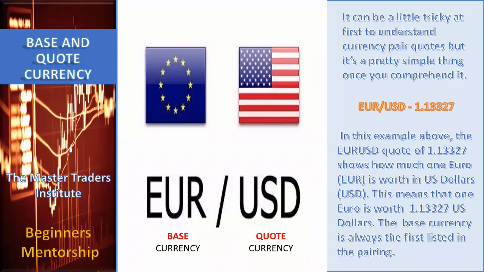I don't know if that's clear enough. This shows you how much 1 euro is worth in US dollars. The base currency is always the first currency listed in the pairing. All right, very clear, thanks.